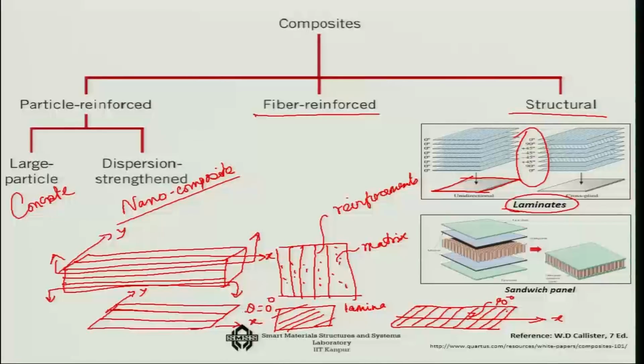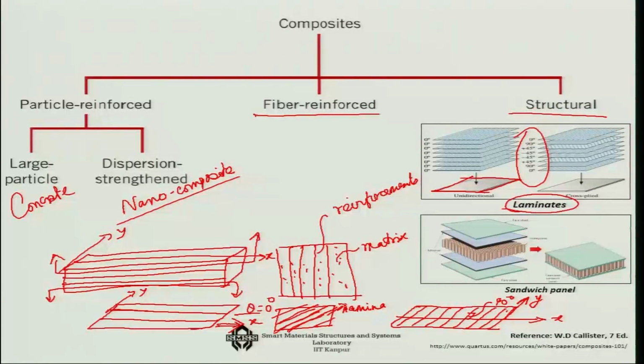So, if you have a 0 degree ply, you are going to get high modulus of elasticity in the x direction. If you make one 90 degree ply, you are going to get high modulus of elasticity in the y direction. If you take any angle ply, you are going to get high modulus of elasticity in that direction.